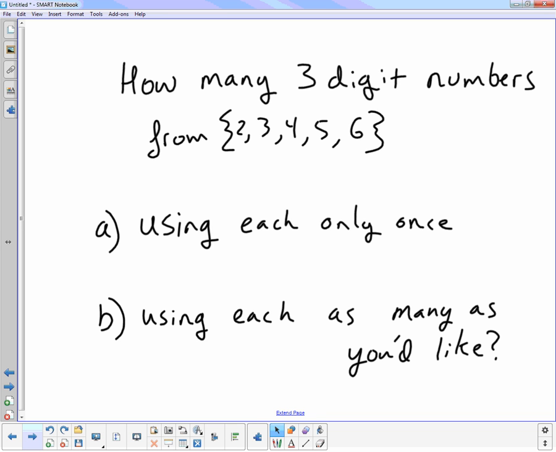And in that case, does order matter? 2, 3, 4 is different than 4, 3, 2, right? Yes. If I'm making a 3-digit number, the order certainly matters. So in this case, we are dealing with permutation.